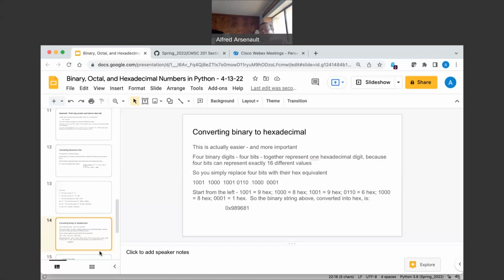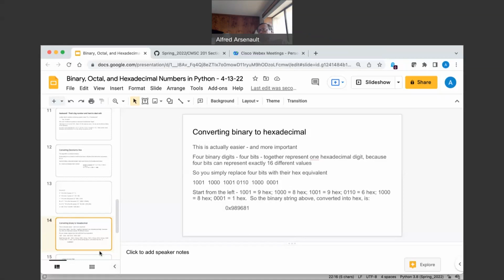After all, 2 to the 4th is 16. So if I have 2 symbols, 0 and 1, to represent 1 bit, then 2 to the 4th, or 16 symbols, will let me represent 16 different values, and 16 values is hexadecimal. So if you are converting between binary and hex, if you start with binary, you simply replace 4 bits with their hex equivalent.